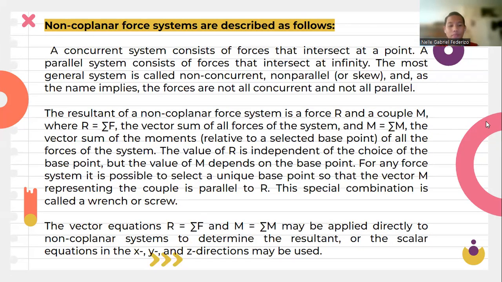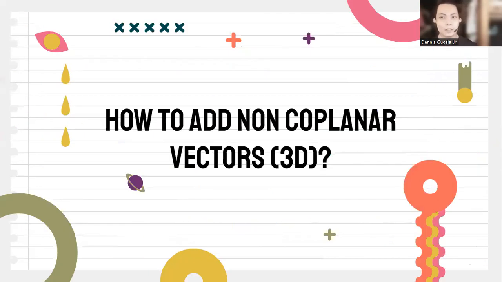The vector equations R equals sigma F and M equals sigma M may be applied directly to a non-coplanar system. To determine the resultant, the scalar equations in the x, y, and z directions may be used. Next slide.